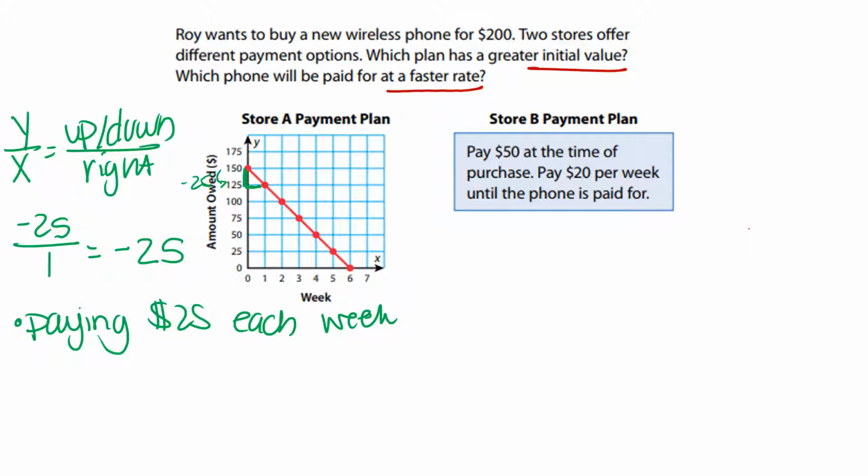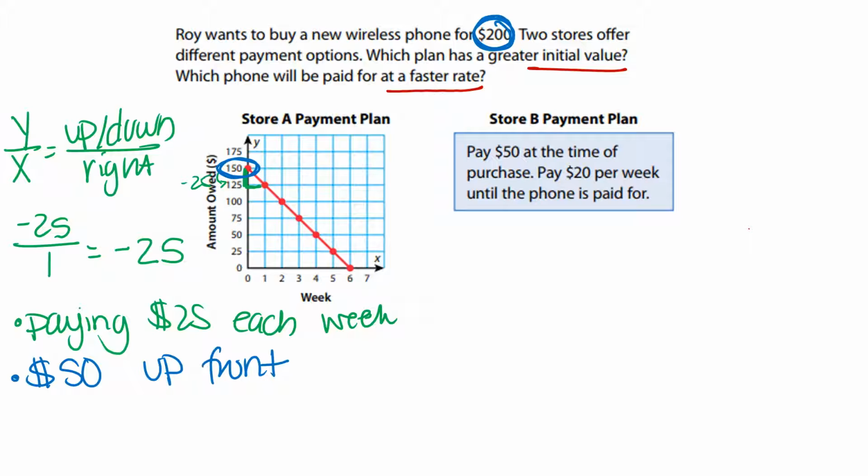Now the initial value is the starting point. So he has to start at $150. However, the phone costs $200. There's a $50 difference. He has to pay $50 up front.